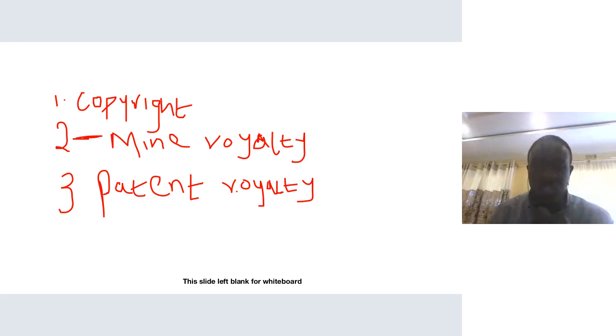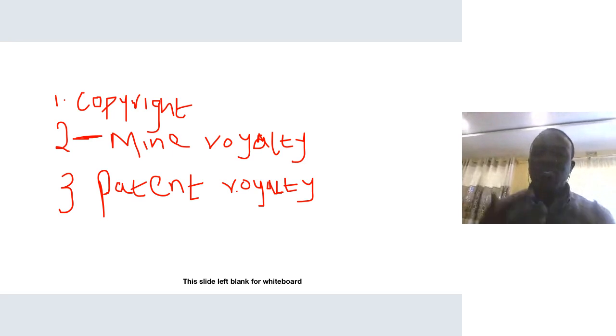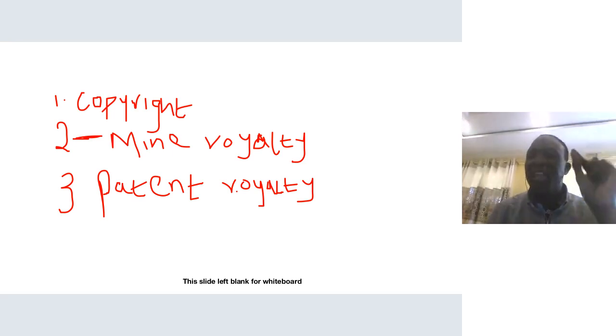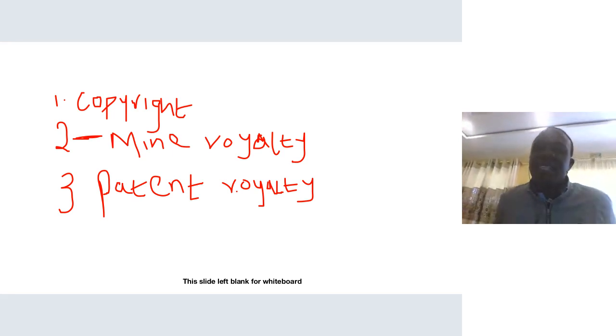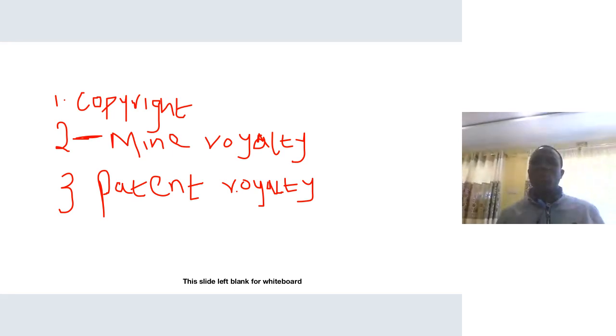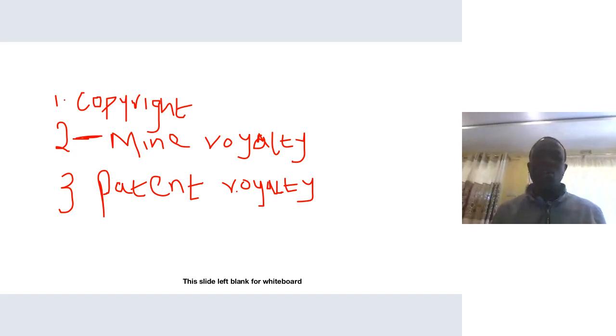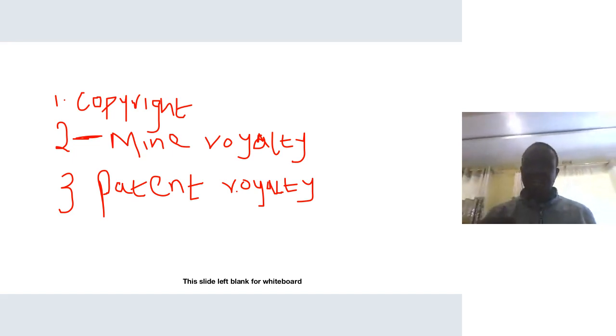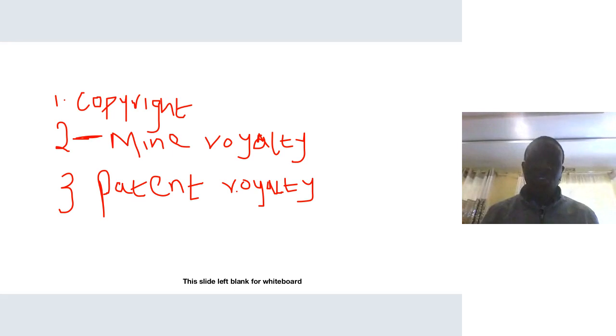So for example, if we give an example of the KU students who came up with a ventilator, if a company is willing to use their knowledge to mass produce the ventilators, then they will be paid on the number of ventilators that that manufacturer will be selling, maybe on a yearly basis or on a monthly basis.